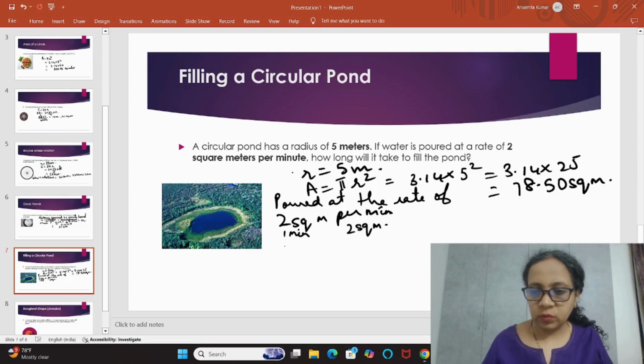Therefore, to pour 78.50 square meters of water, how many minutes will it take? So you have to divide it by 2. So you will get 39.25 minutes.